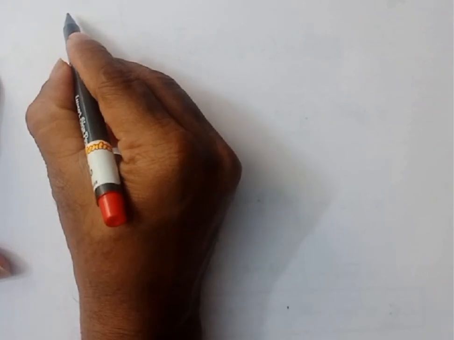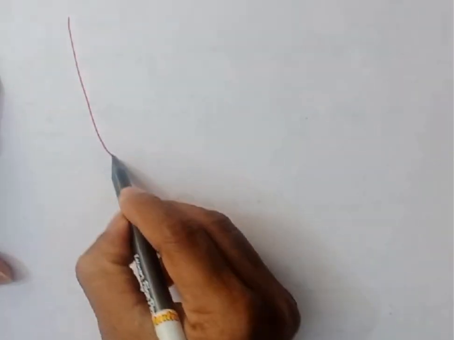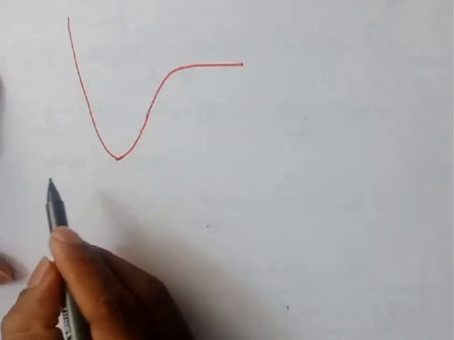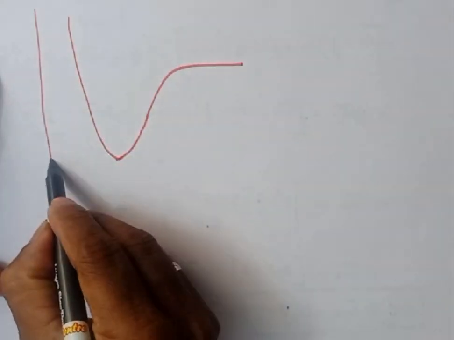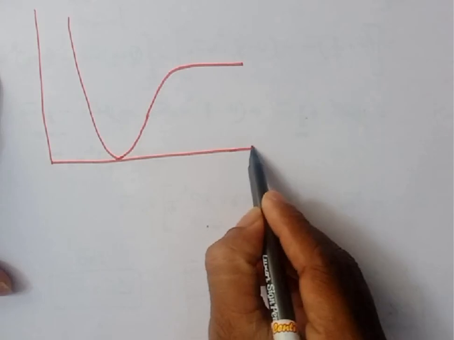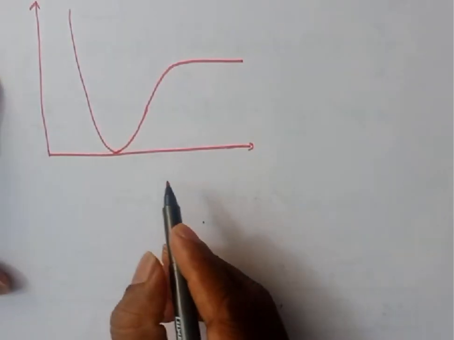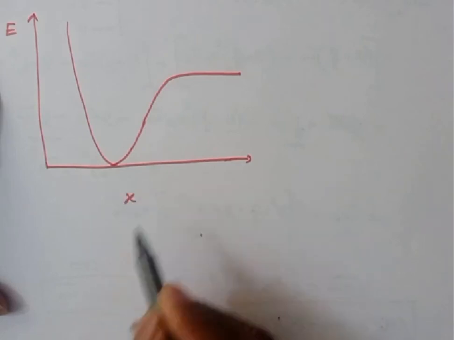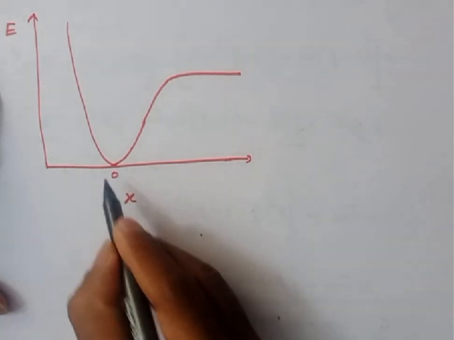So in the vibrational energy plot, let me draw it like this, for the anharmonic oscillator. Here we have energy, here we have X. This is X equal to 0.